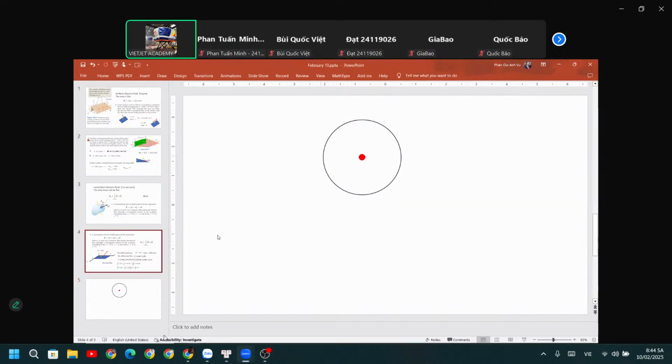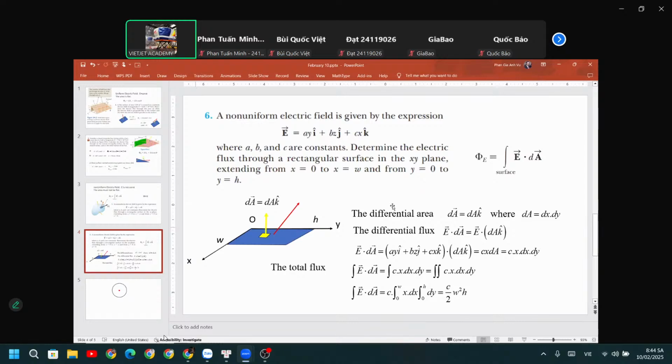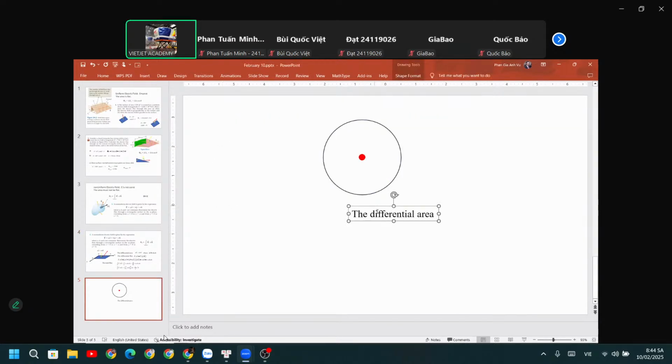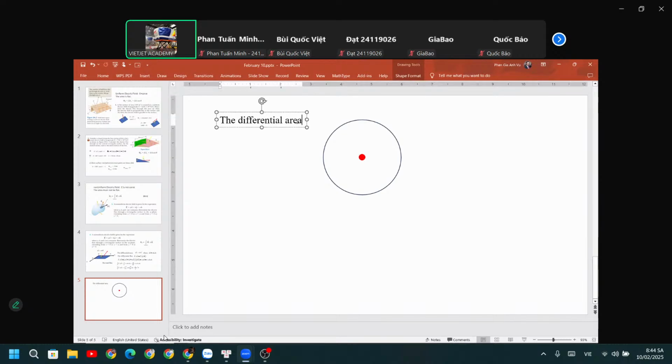So I have the case in which we have a charge. Then we want to calculate the electric flux through the sphere.